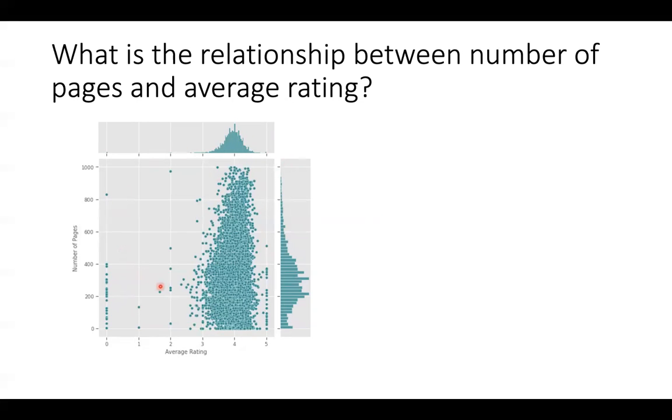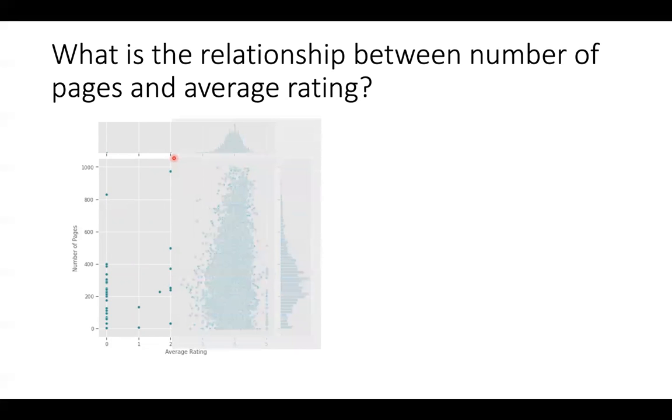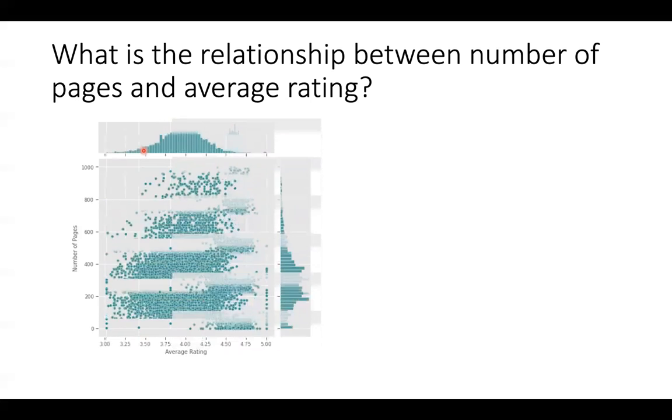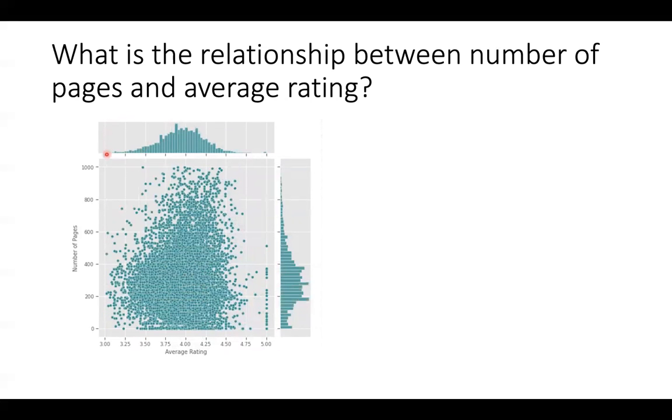By looking at this joint plot, one thing we can notice is that in the left part of this data set, there are actually very few data points. This may skew our distribution or make our data set a bit hard to visualize. So one thing to do is to truncate the plot.